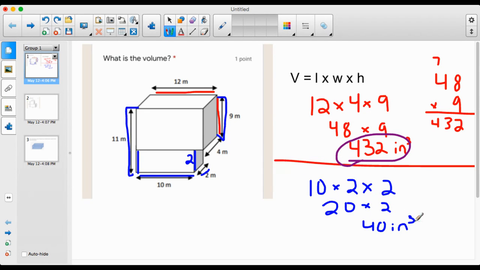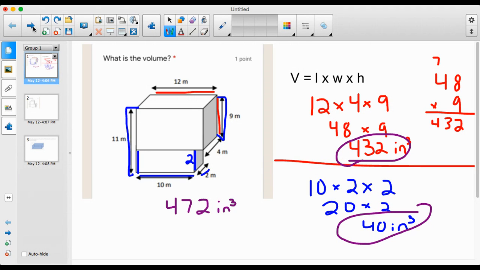So I have to do 432 plus 40 more. You could stack that up for yourself and add them. And when you do, you would get 472 inches cubed. All I did there is I added those 2 numbers circled in purple.